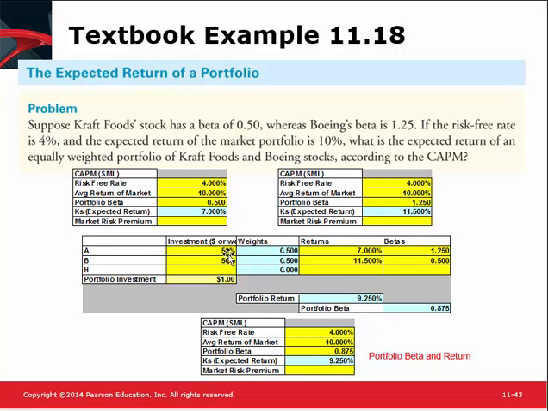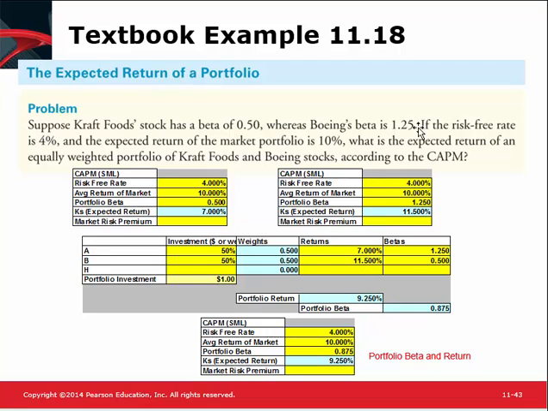So what we can do here is we can calculate. Here's 50%, 50%, right? So what should the return for each stock be? Well, here's 4%, the risk-free rate. The stock market returns 10%. So for Kraft, you would expect to get 7%. So we plug 7% down here.